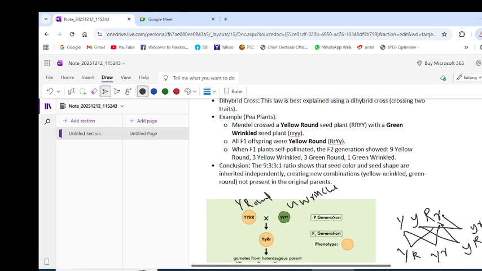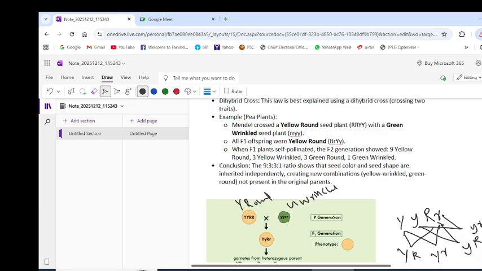You have seen new combinations here, that means yellow wrinkled, green round, that were not present in the parent plants. Okay, new combinations happened. That means inheritance and variation both happened here.